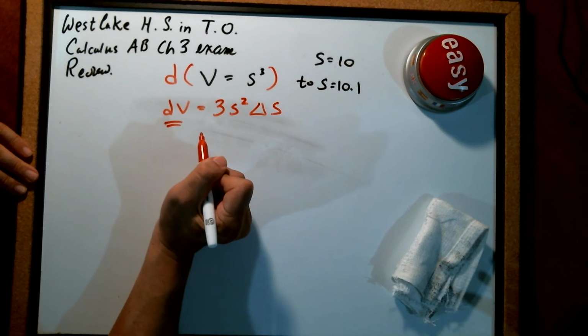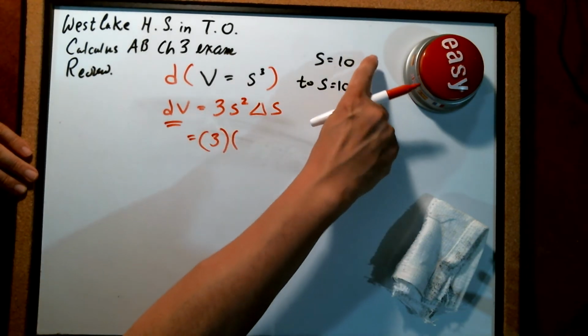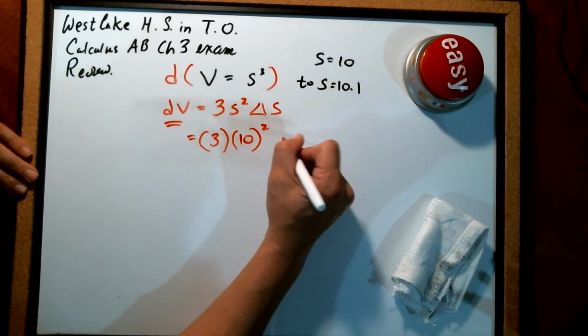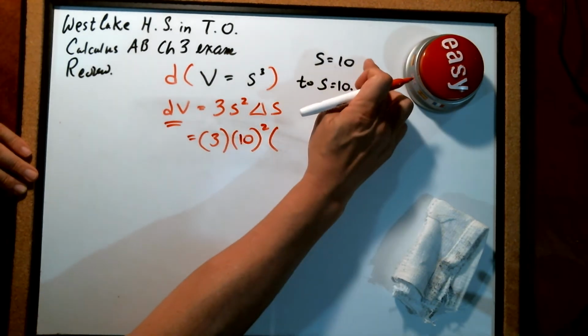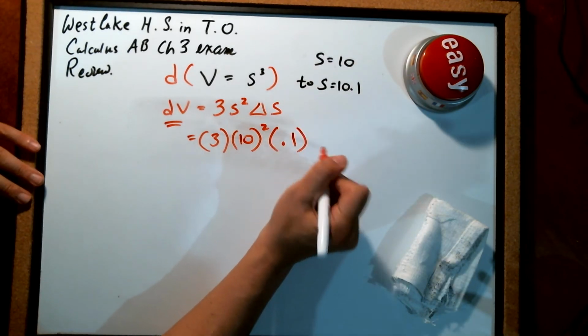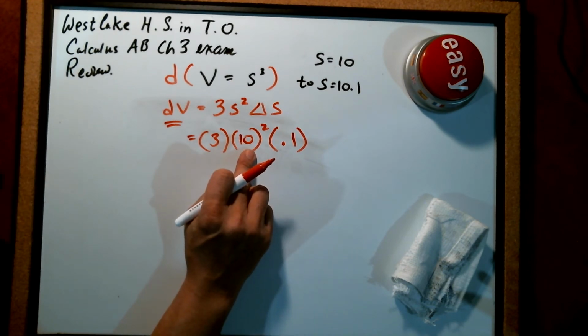So the differential in V is equal to 3 times, we always start with the original one, 10 squared times the change. The change from 10 to 10.1 will be 0.1. That's it. We do PEMDAS, square that first.